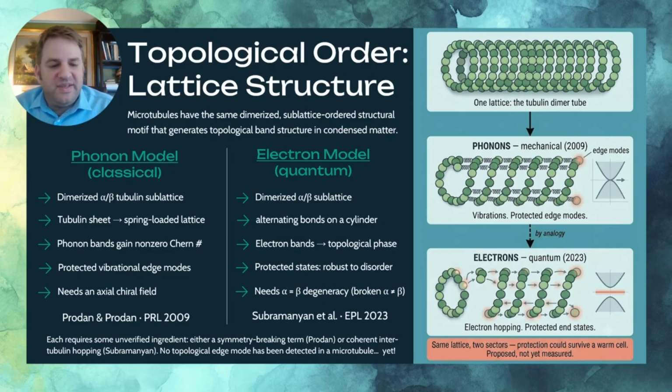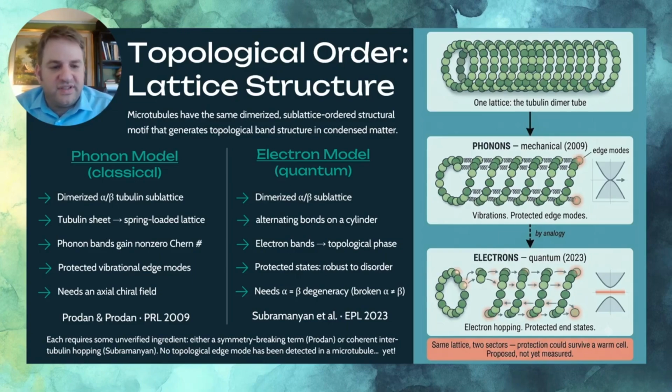But the only thing missing from their model that would really give it weight in terms of predictive power is that what's needed is an axial chiral field, or some kind of symmetry breaking term that's necessary in order to produce these interesting topological effects.